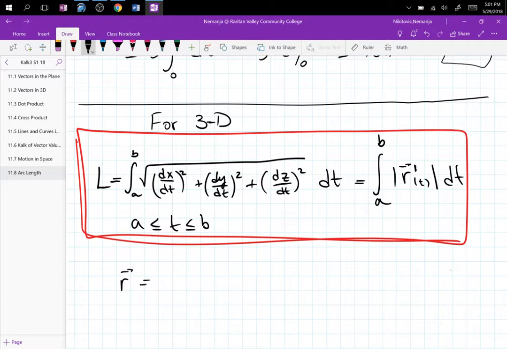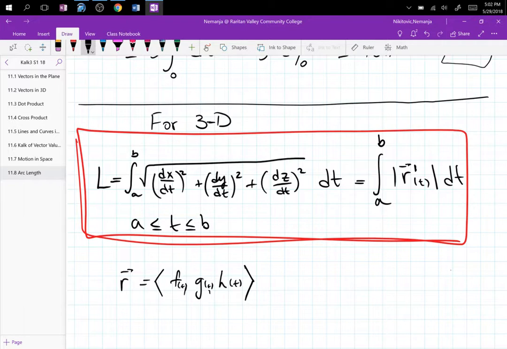Vector r is given as functions f, g, h, and all of these are functions of time. How do you find the magnitude of the vector? Square. Yes, so that's exactly the formula up there, right? You have all of the derivatives and you just take the calculation and you have it.